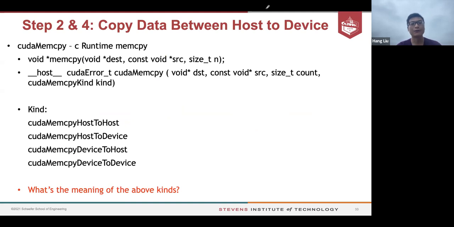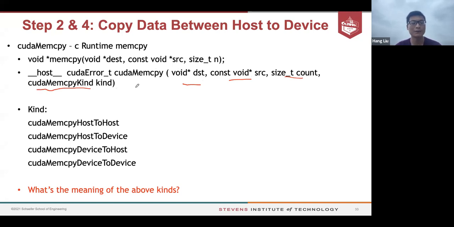Step 2 to step 4, we copy data between host and device. We're gonna present it in the same way as what we did before. In C runtime memory, what we do is memory copy. Well, in CUDA-based memory copy, what we do is similar, right? We still do destination, source, count, but we have to include one more enumeration type. That is, how do we do the memory copy?